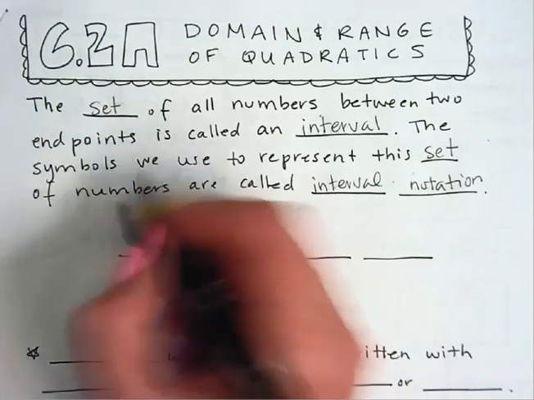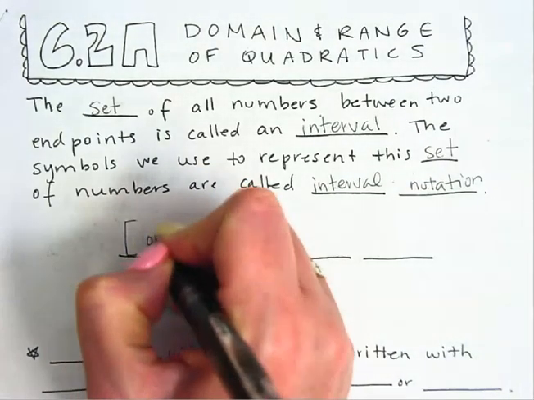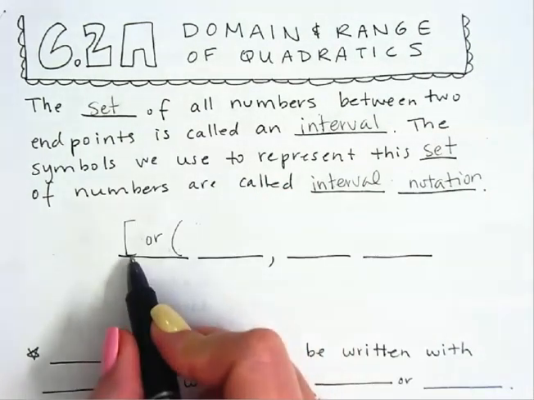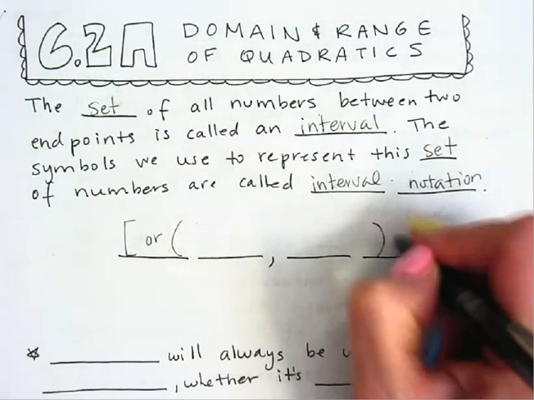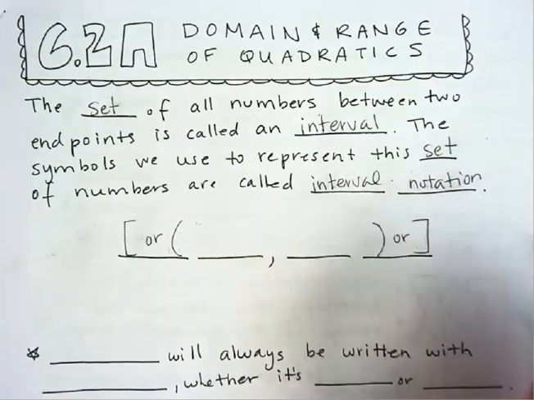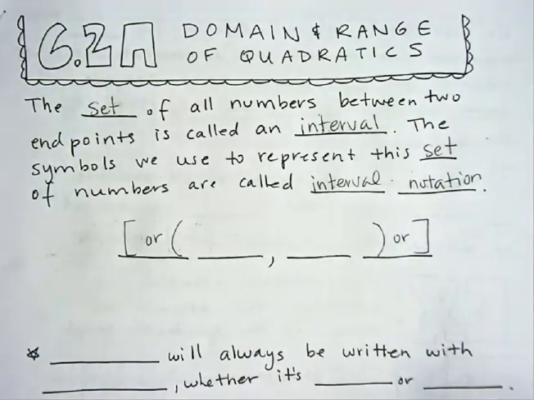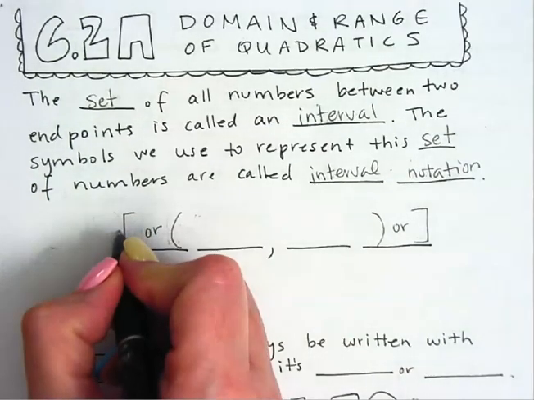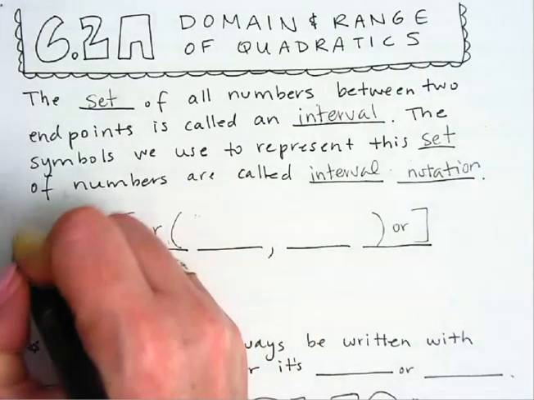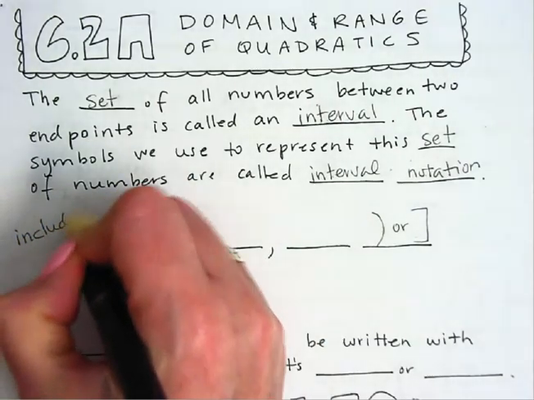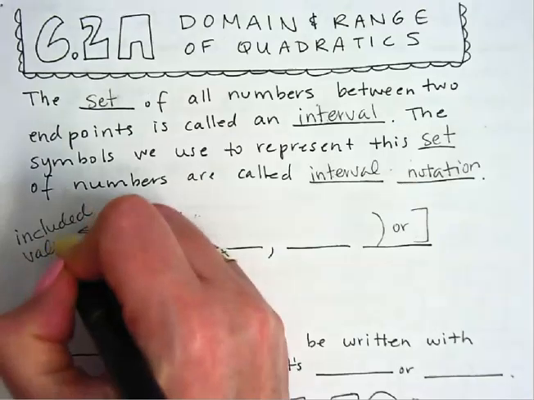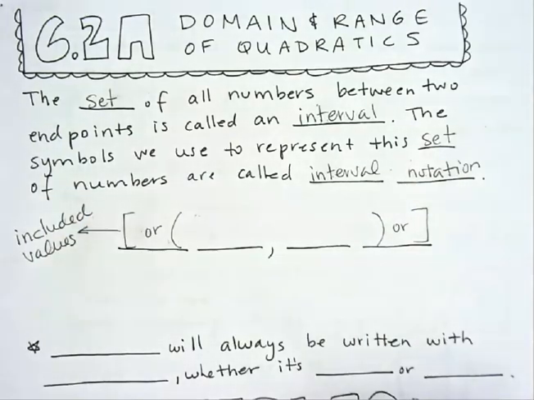In this first spot, you're going to have either a bracket or a parenthesis. Same thing for this last spot, a parenthesis or a bracket. A bracket is for included values. So if you gave a little equal bar under the less than or the greater than, that's an included value.